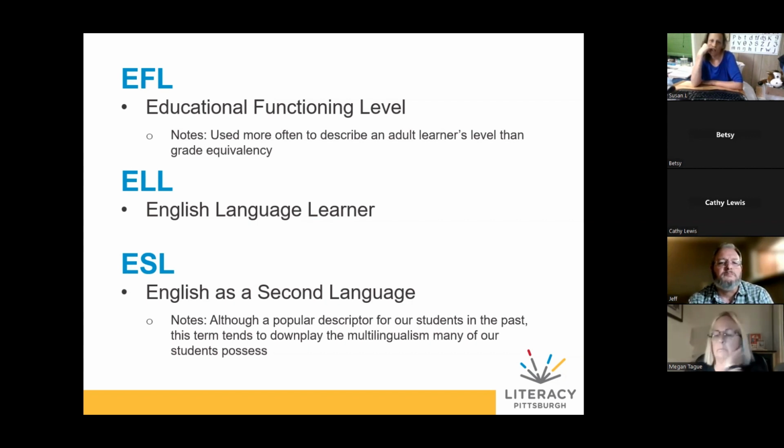Many times our students know 3, 4, sometimes 10 languages. So the term English language learner does not downplay the multilingualism that a lot of our students possess and are very proud of. But ESL is the very traditional term that you've probably come across many times as a tutor.